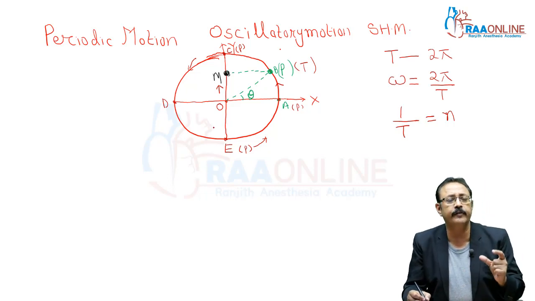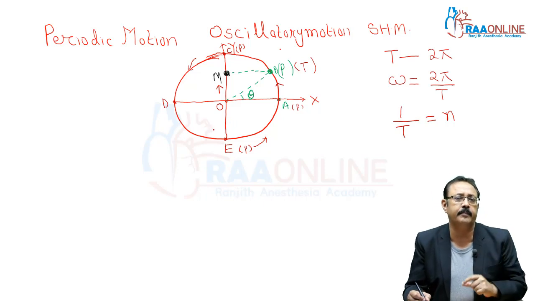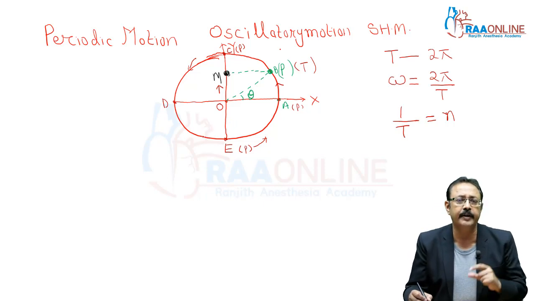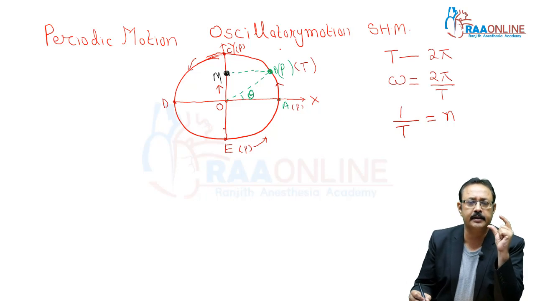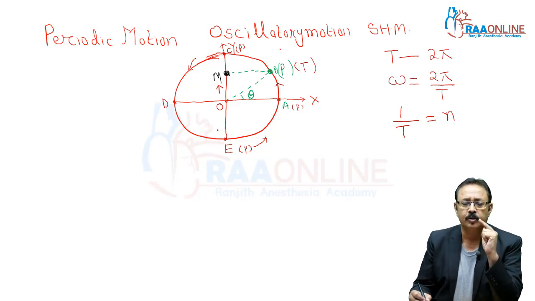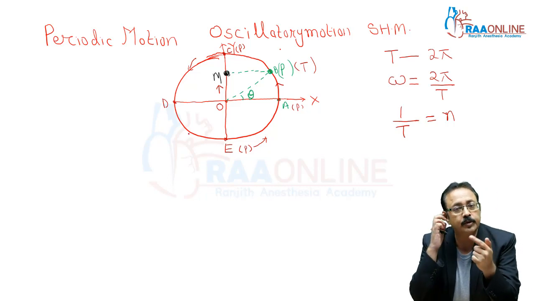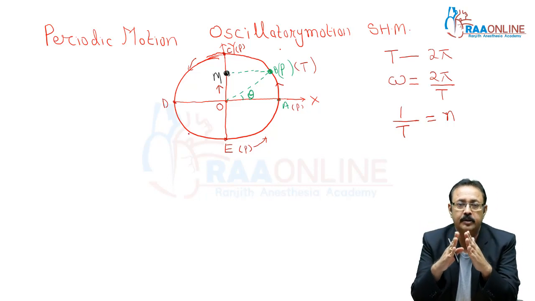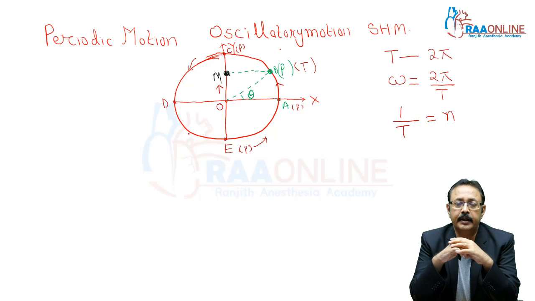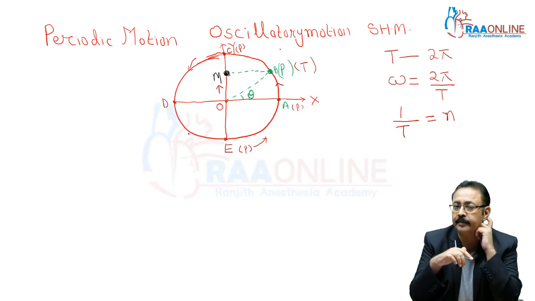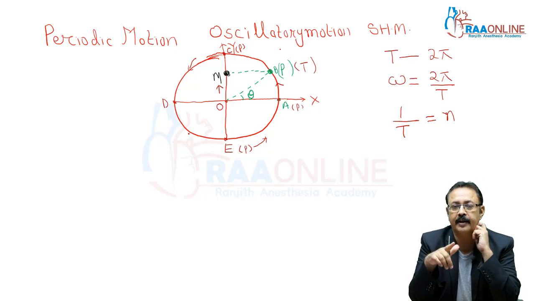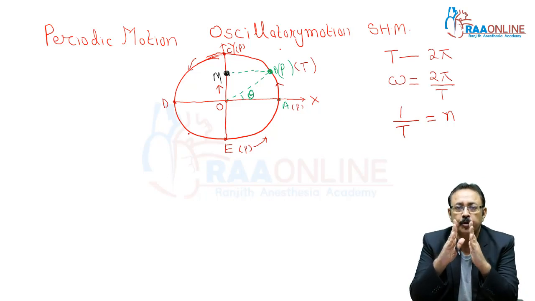Since P is moving with a constant time period, every time in T seconds it is completing 1 cycle. So the motion of P is periodic motion, but M is also associated with P, so its motion is also periodic, but it is moving around O. To and fro motion means oscillatory, but since it is in a straight line, we can see that the motion of M is simple harmonic motion.